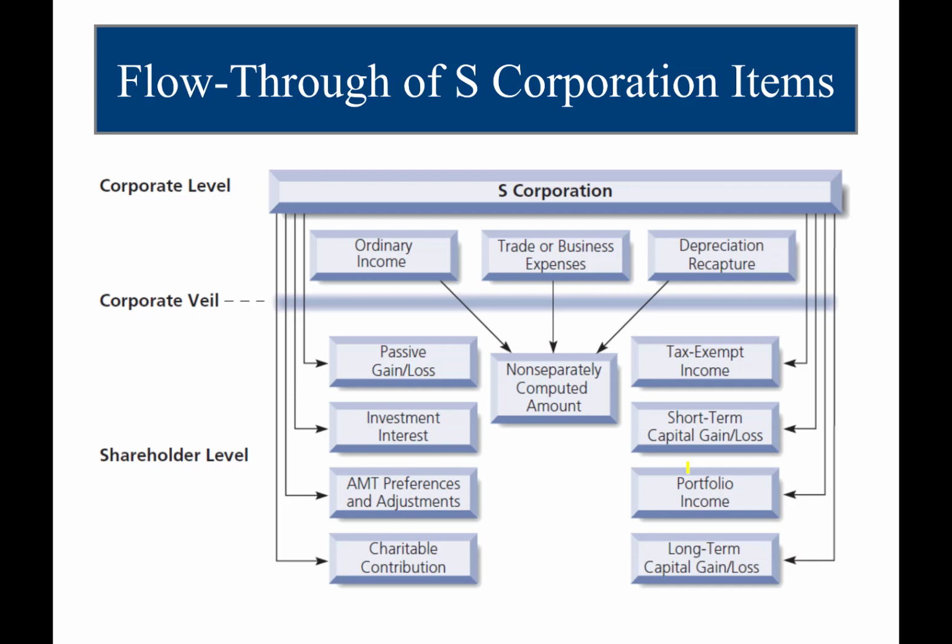If there's any depreciation recapture, which we didn't really study too much here. Depreciation recapture is if you've taken deductions for depreciation on an asset, and then you turn around later and sell that asset, they're going to make you recapture that depreciation. They're not going to let you write the basis of the asset down on depreciation and then take the tax benefit.